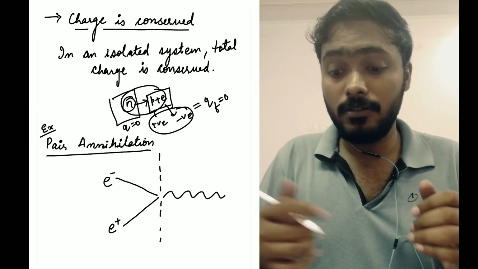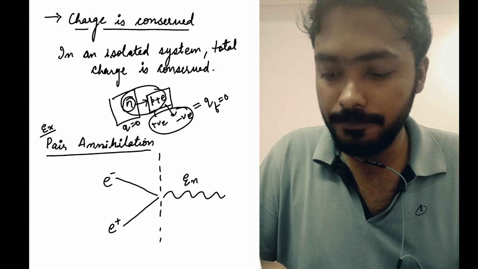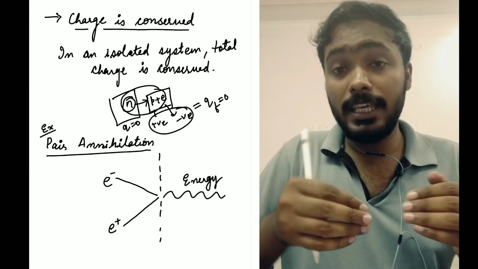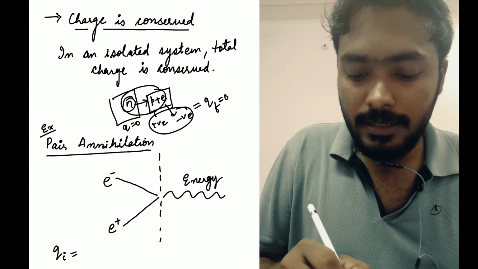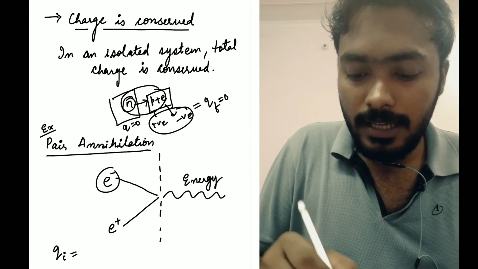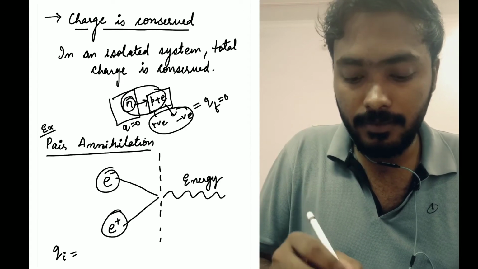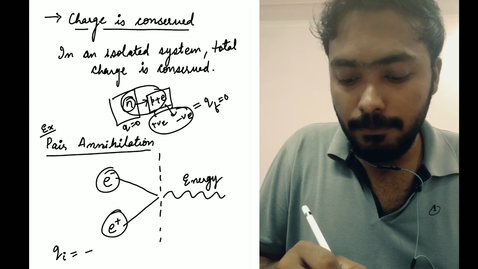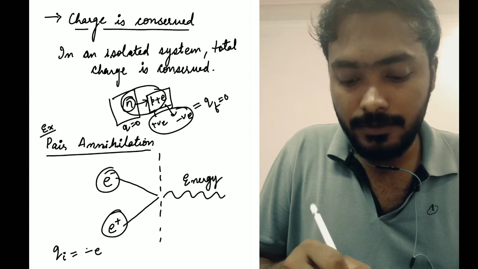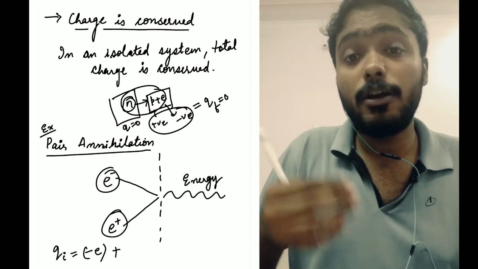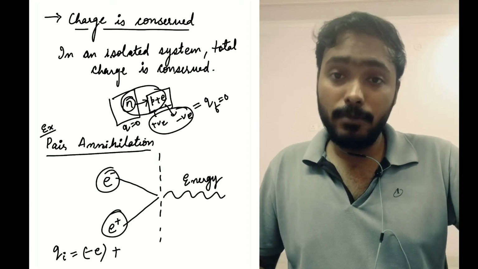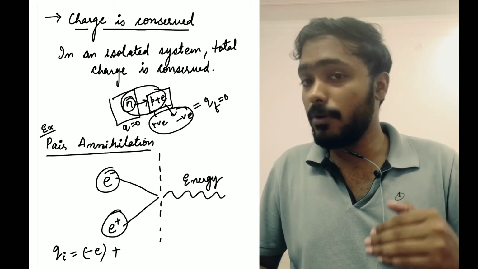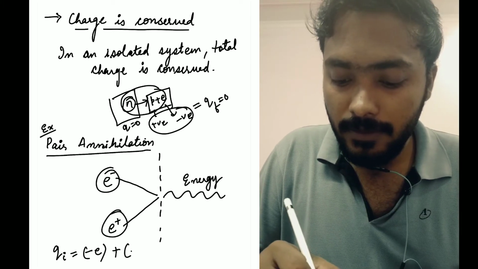So we can actually find out whether this charge conservation property is verified or not. Initially we had an electron and a positron in the system. The electron had minus e charge, and positron is an antiparticle, so if electron has a negative charge, positron will have positive charge, plus e.